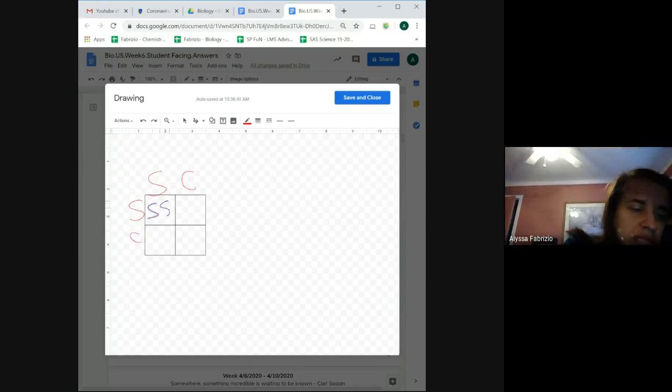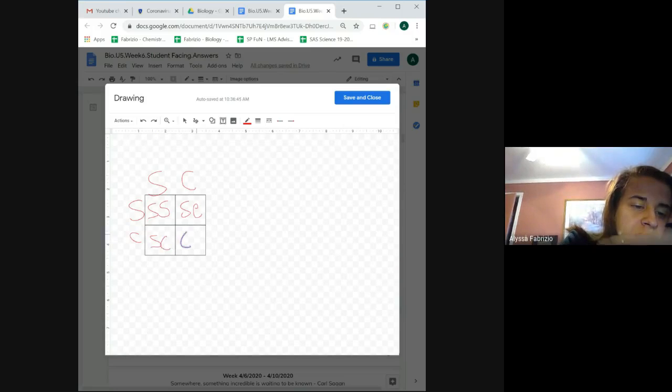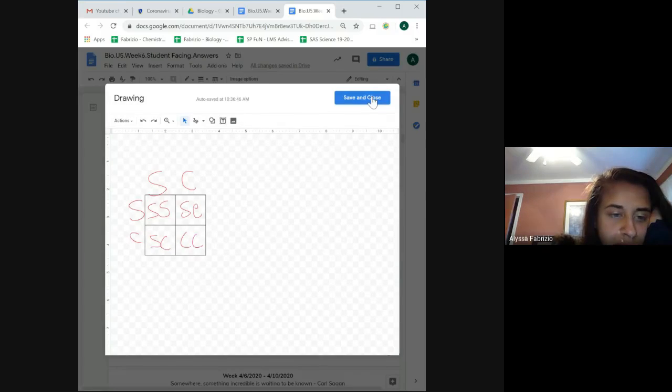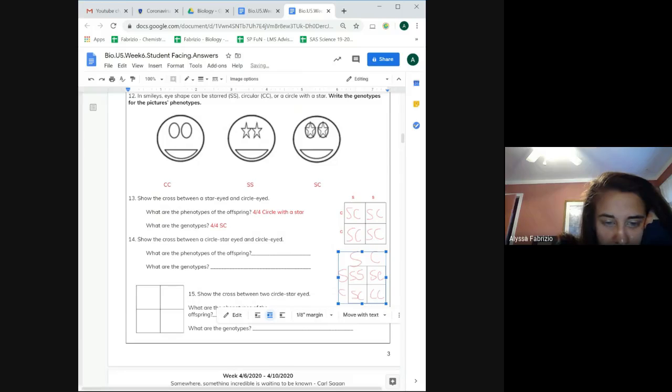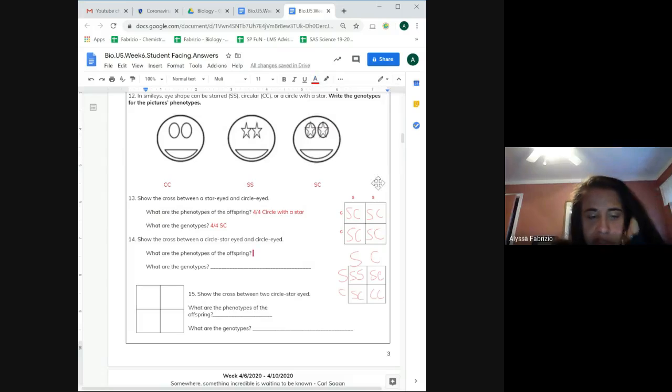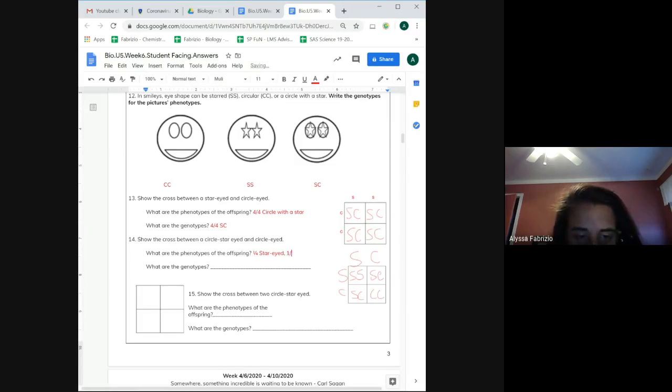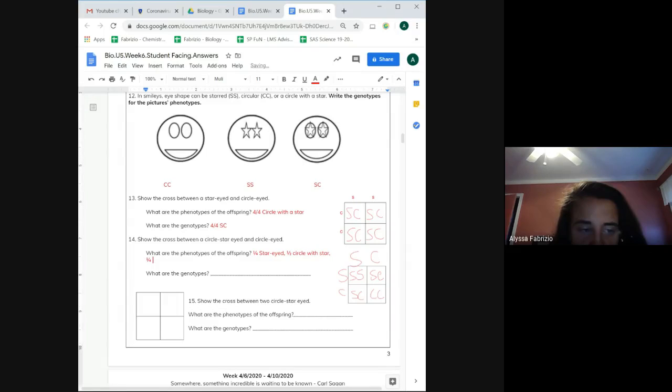So it would be SS, SC, SC, CC is our cross. Then we're going to show what are the phenotypes of the offspring. A quarter of them would be star-eyed. Half of them would be circle with star. And then the other quarter of them would be circle-eyed.